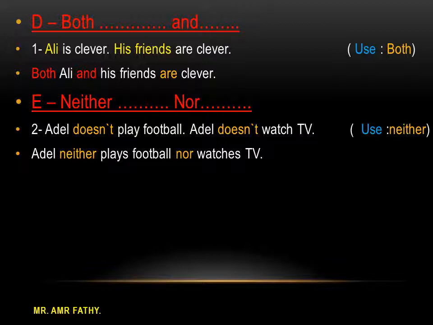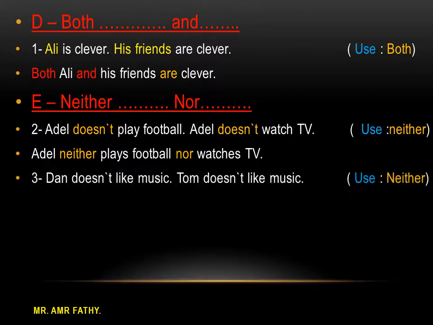Again, this is for neither nor. So we have both and, and neither nor. Neither nor is used in the negative form, or for sentences that contain negative meaning.